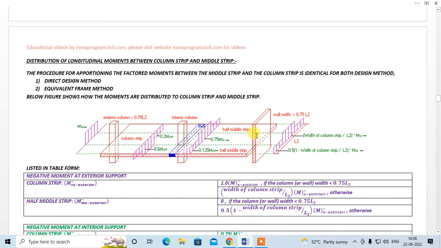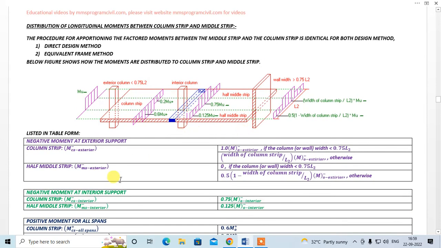And the part of moment which the half middle strip will take will be 0.5 into (1 minus width of column strip divided by L2) into the exterior moment. So this is how you distribute the moment to the column strip and the two half middle strips.